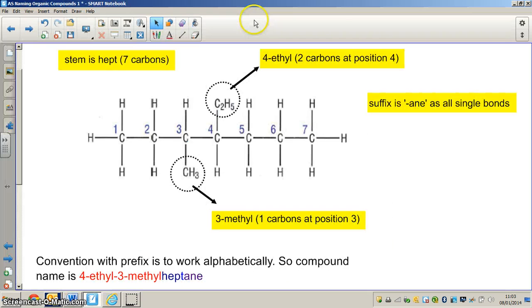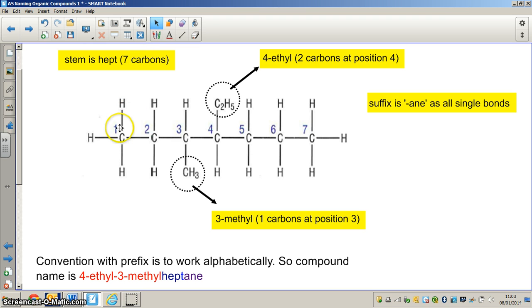So let's now look at another example, and I've put all the annotation and markup on the example to talk through rather than put it on in stages. First job then is to work out what the stem is, and again I've added numbers, and we can see we have a maximum carbon chain length of 7, so the stem is going to be hept because it's 7 carbons.